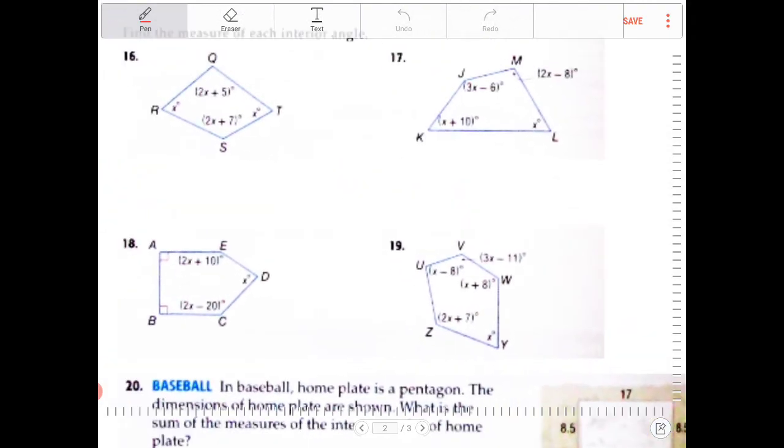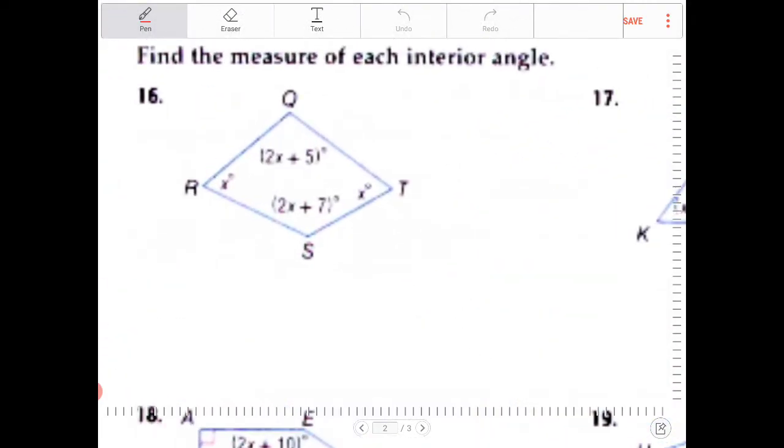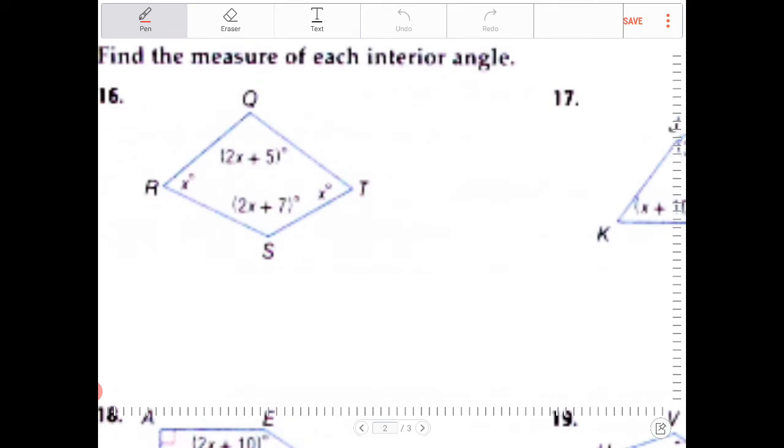Alright, moving on. Find the measure of each interior angle. So this is again the same concept. The sum of the interior angles for a quadrilateral is 360.